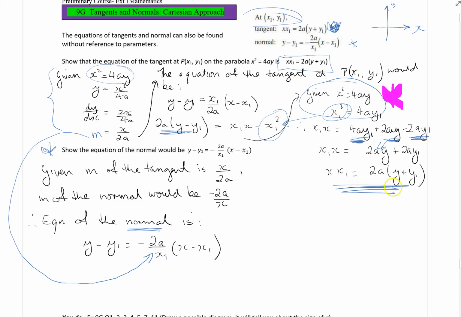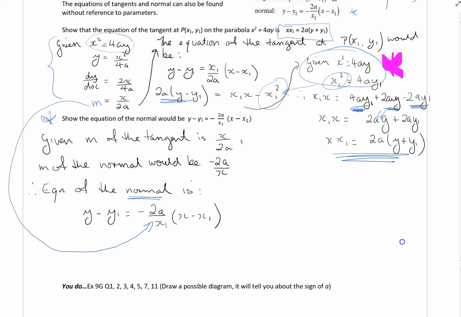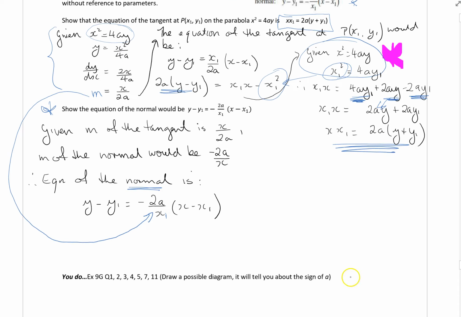It's probably not a likely HSC question, but it's still worthwhile doing these questions from 9G just to consolidate your understanding about tangents, normals, points, lines, intersections, etc.